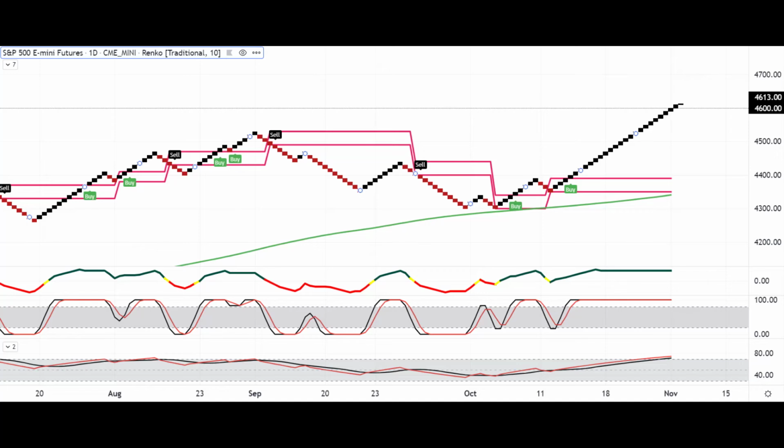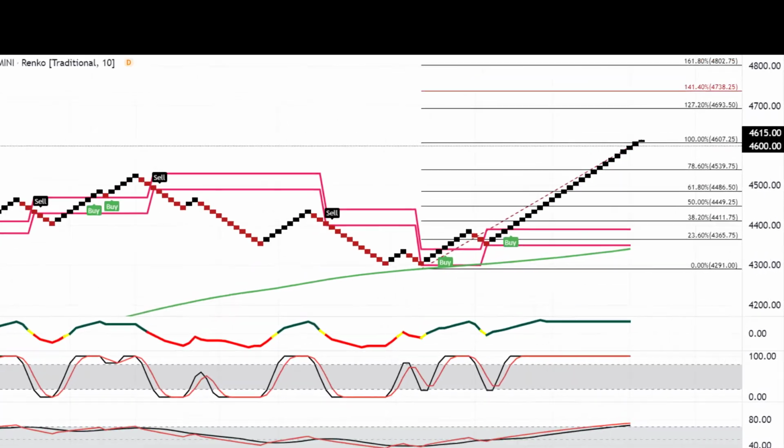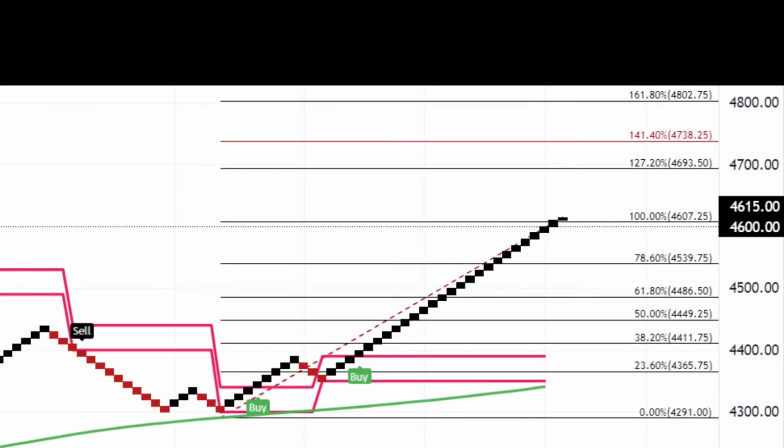There is potential for a big pullback, maybe to the top of those boxes, 400 sort of zone. And putting on some Fibonacci's based on the more recent October uptrend, then in the shorter term to the upside, 4,700, 4,800 could be very possible.